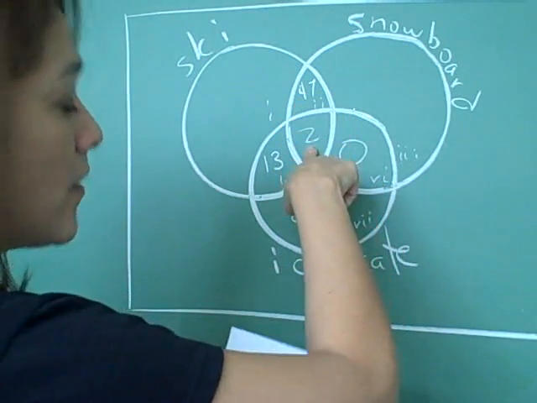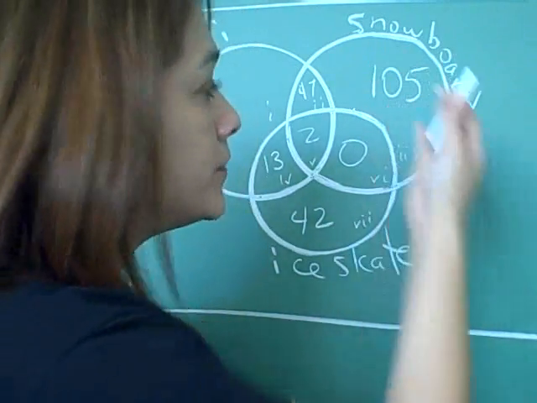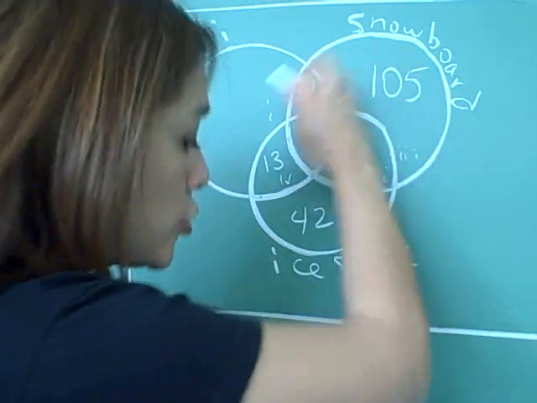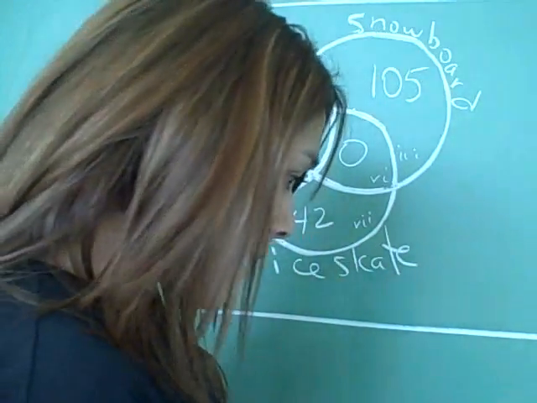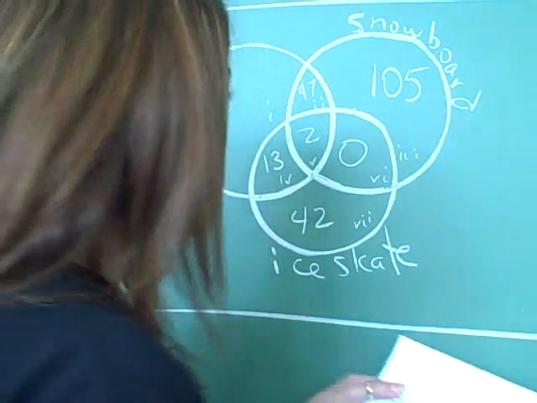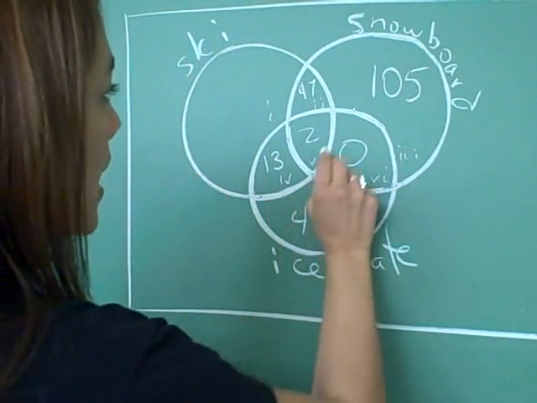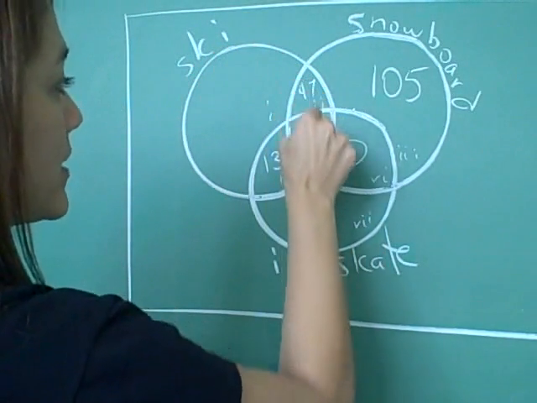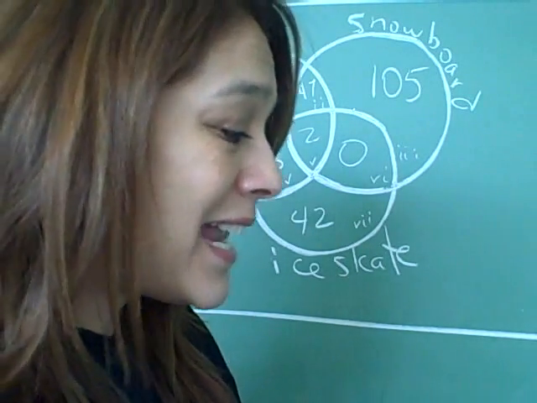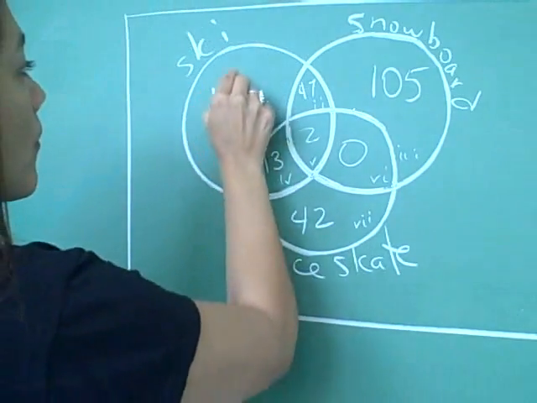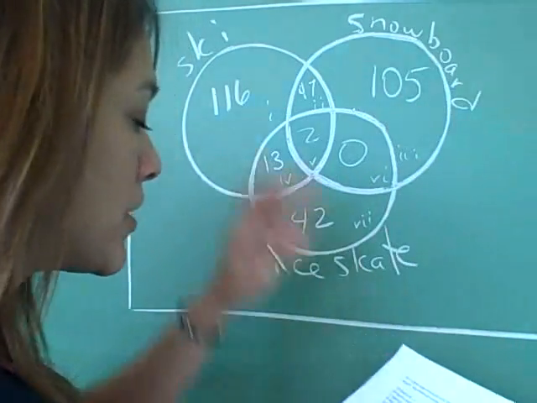I already have 47 and 2, therefore, 105 would be in that region to total up to 154. I did these calculations before, so don't think that I'm doing them in my head at this point. Skiing. Well, in the ski circle, that means this entire circle right here, I've got 47, 2, and 13. Well, a total of 178 people like to ski. So when we tally all of these numbers up, then we get 178.